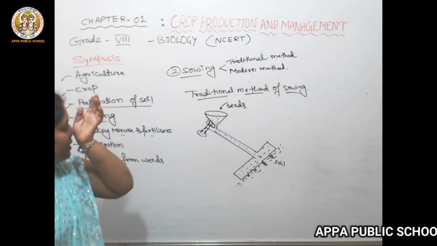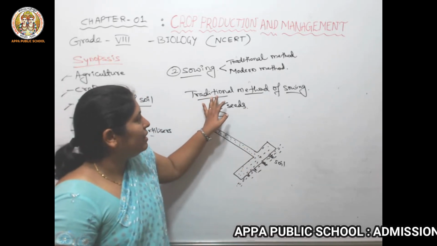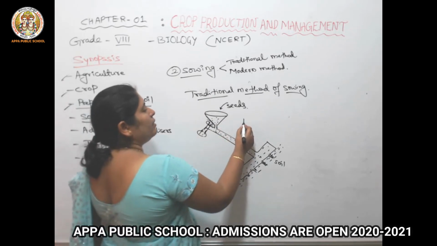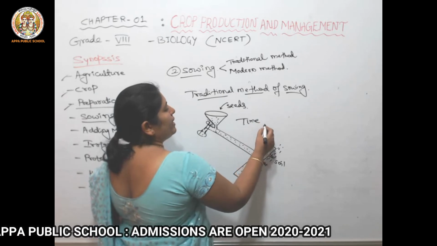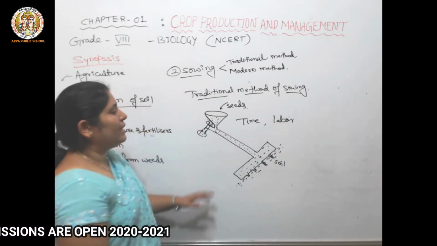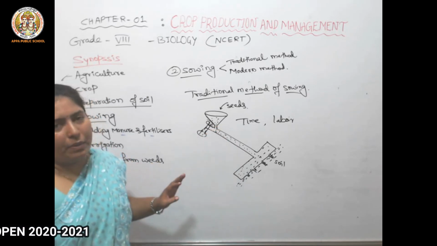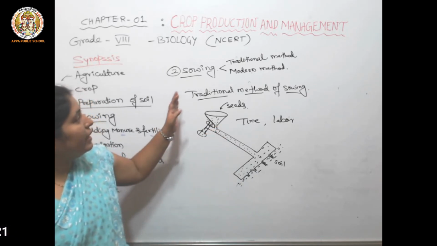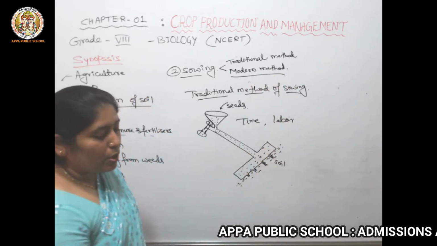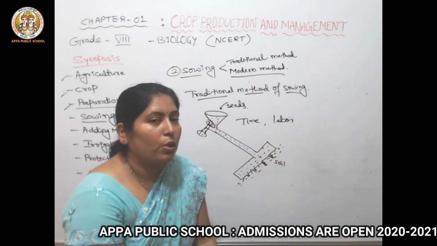You can say here that this traditional method is consuming lots of time as well as labor. So we are checking now the modern methods of sowing. Right. So what is that modern method of sowing?